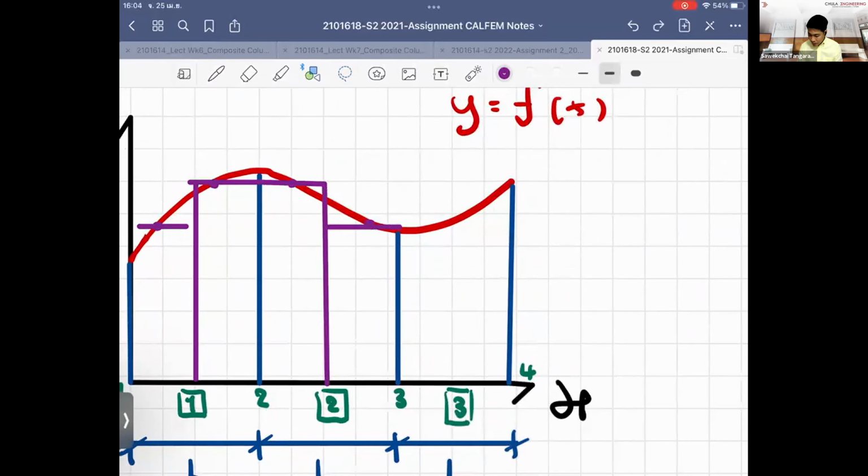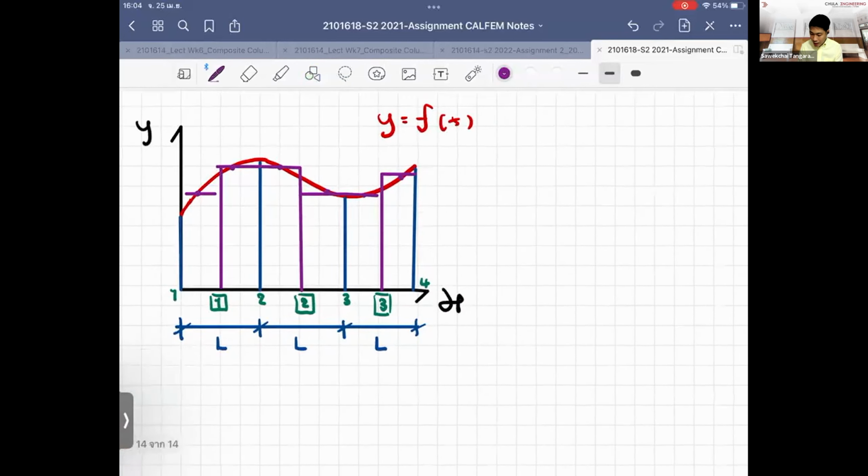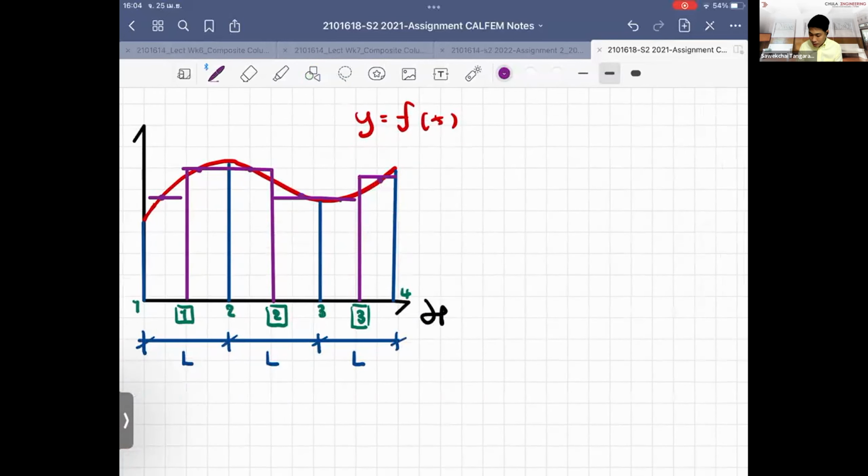So you're seeing that if I want to find the information of the areas, the area is the integration over x of the function f(x).